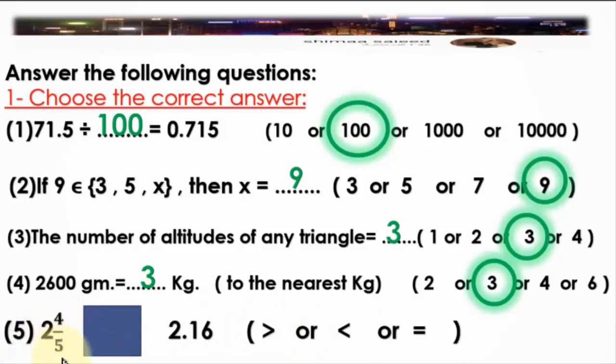2 and 4 over 5, 2.16. Which one is greater? We can convert this mixed number to a decimal. Multiply 4 by 2 and 5 by 2. 4 by 2 equals 8, 5 by 2 equals 10. So we can write it as 2.8. 2.8 is greater than 2.16.